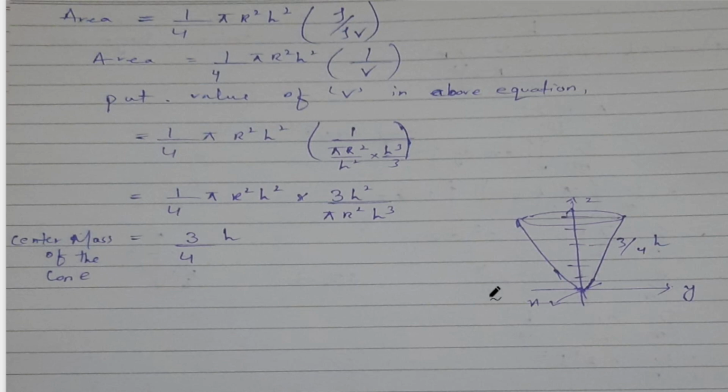So what we actually required and what we found for the cone is this. This is the three-fourths part of the cone. So the center of mass is three-fourths of the height of the cone.